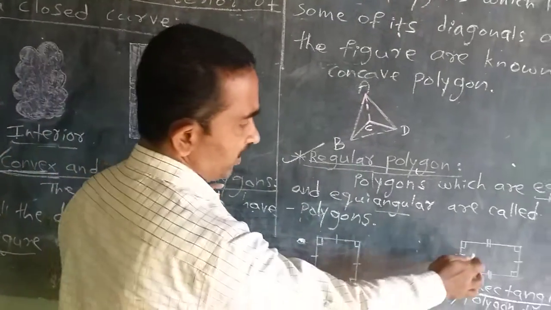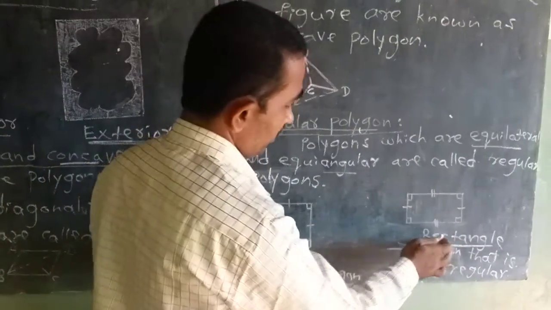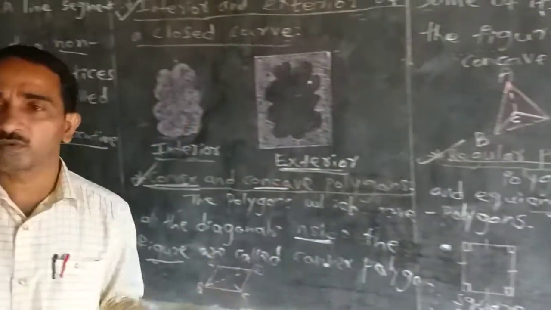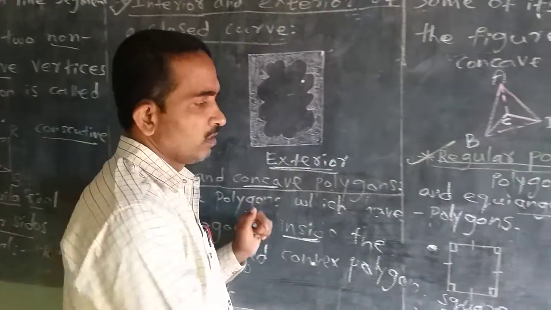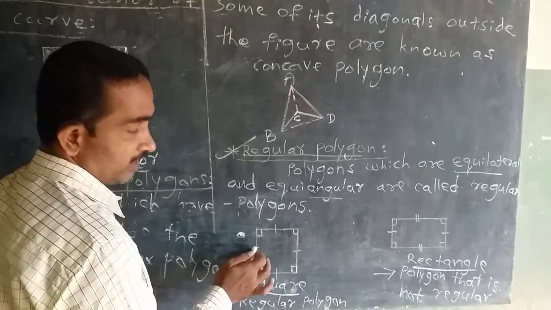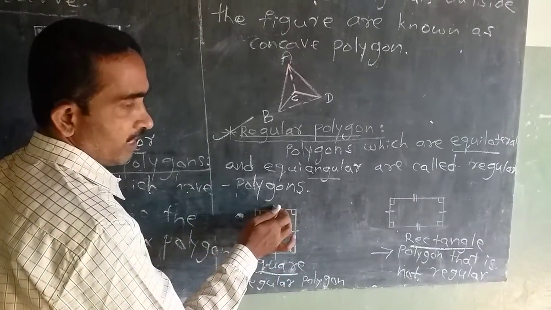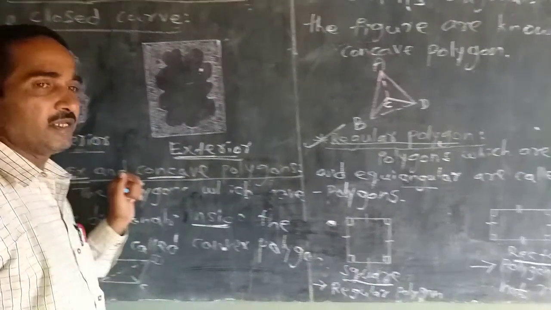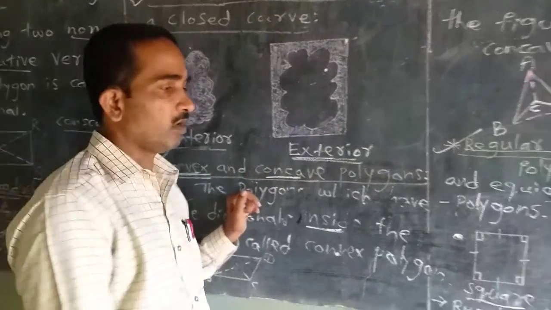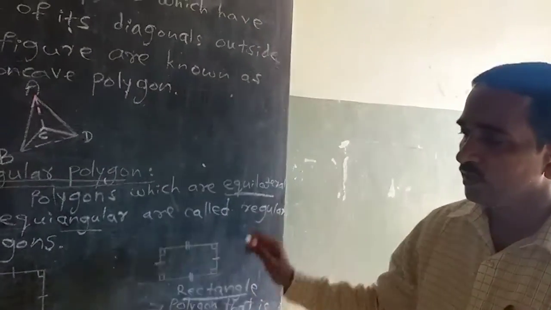See these two examples. One is the square and the other is the rectangle. Already I have known that in this one all the sides I have marked with a single marking. The single markings indicate that all the sides are equal in a square. All the sides are equal means this is equilateral.